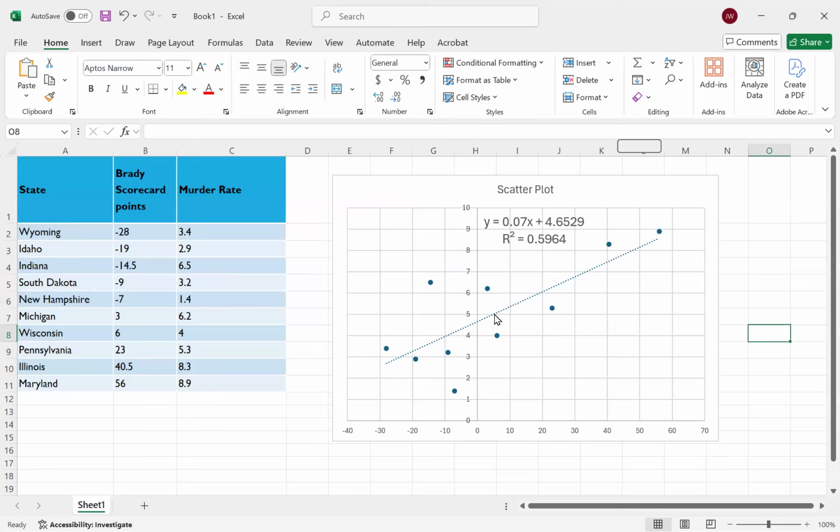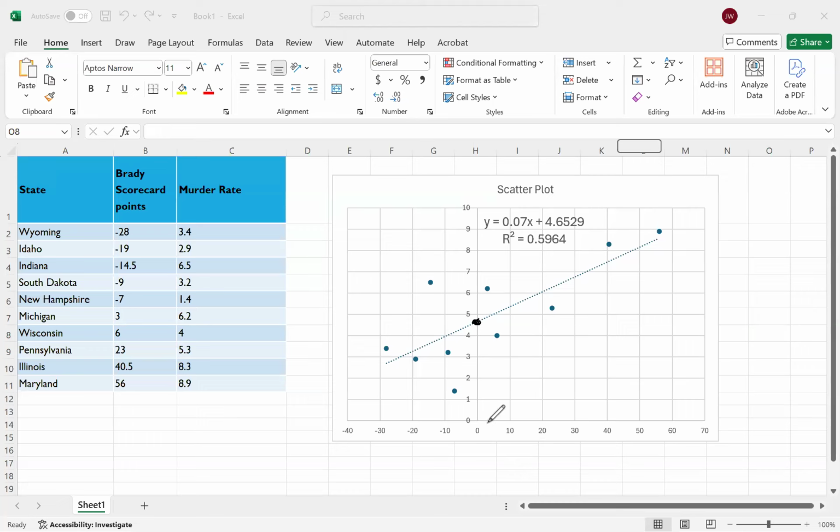But there you go. By the way, each of the predictions that we made was basically a point on this line. So when we said predict the murder rate when the Brady scorecard points were at 0, what it was doing, it was giving us this point on the line right here.